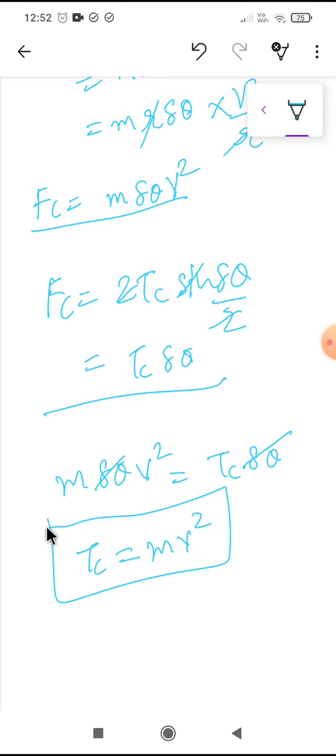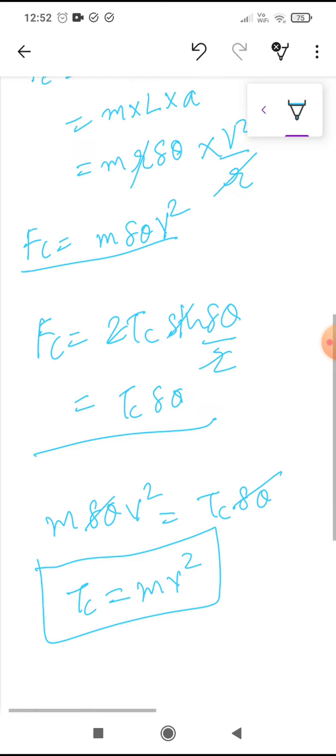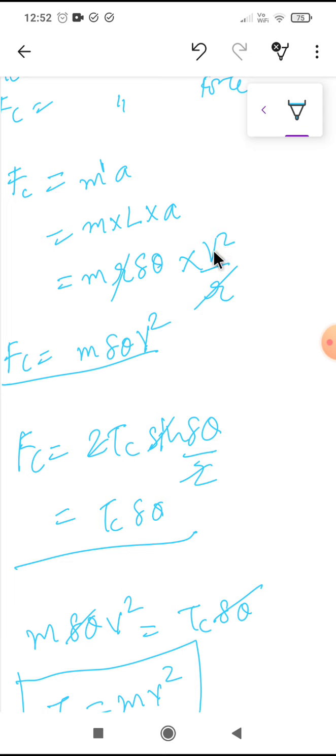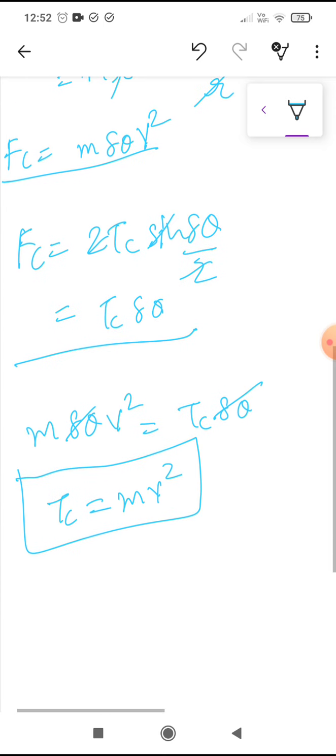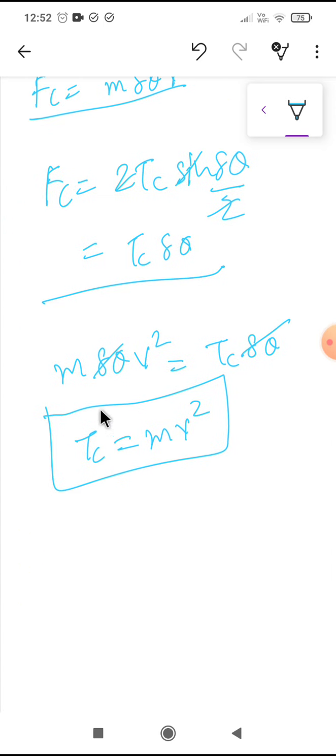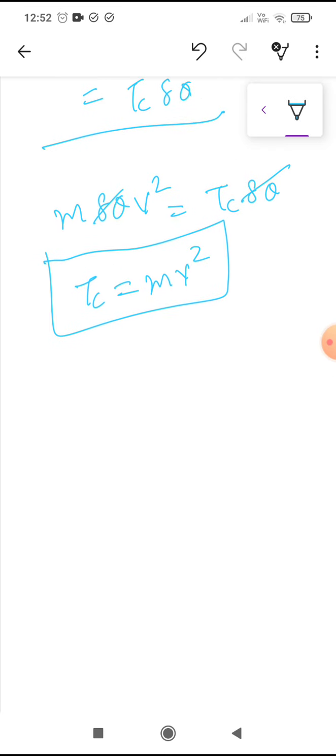Generally, the formula for centrifugal acceleration is v square by r, and for force it is m v square by r, but for centrifugal tension it is m v square. So it depends only on the velocity of the belt and the mass of the belt.